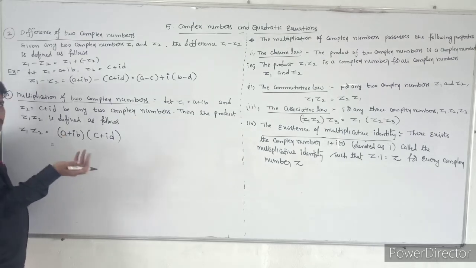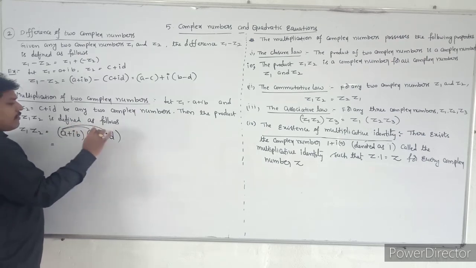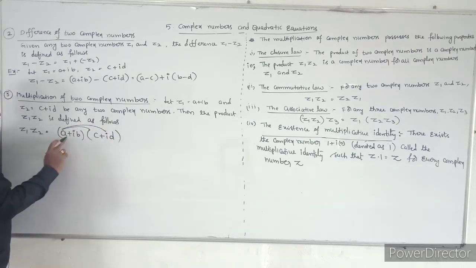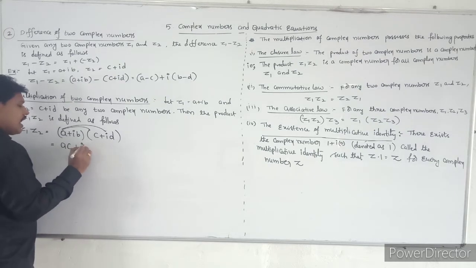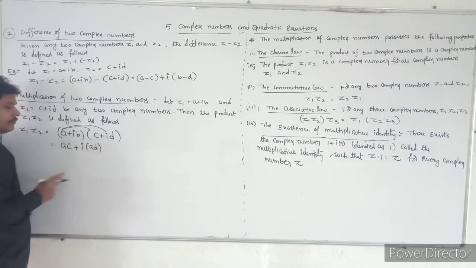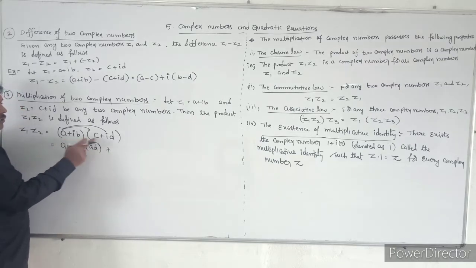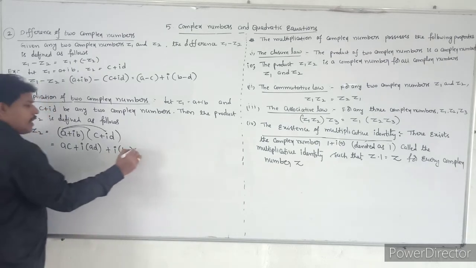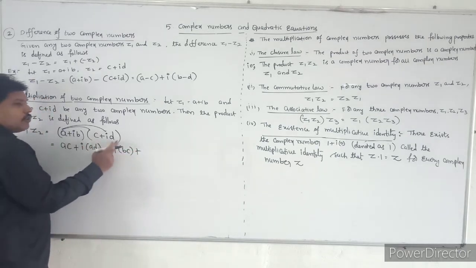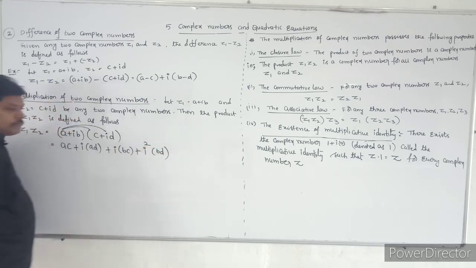In the multiplication, we will do it in the usual way. First multiply with a, both the terms. You will get ac plus a into id, that is iad. Next, multiply with ib. ib into c is i into bc, plus ib into id is i square into bd.